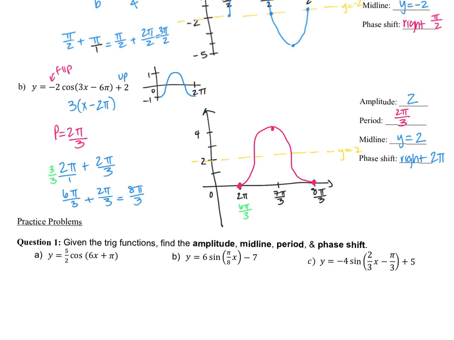Mine's probably a little bit more crooked than usual. But we can see that between 2 pi and 7 pi over 3, it should be hitting the midline. And then from 7 pi to 8 pi over 3, it should also be hitting the midline. So there we go. We have our U-shape curve for cosine.